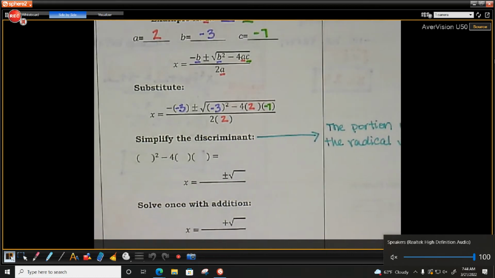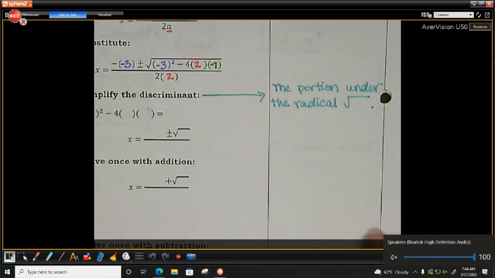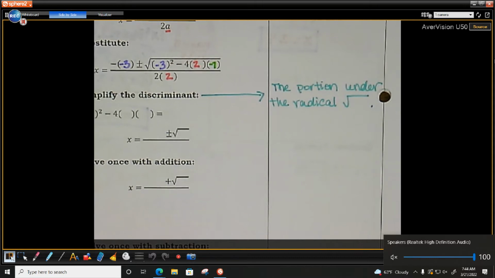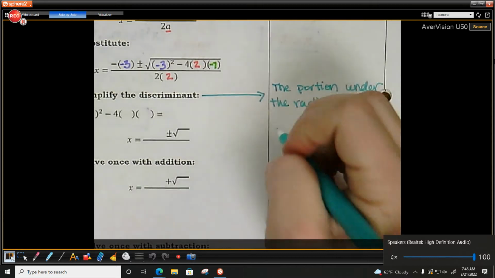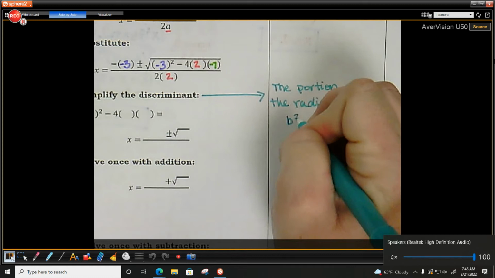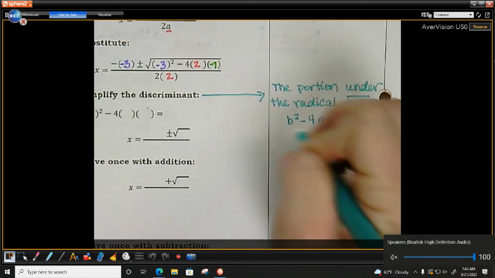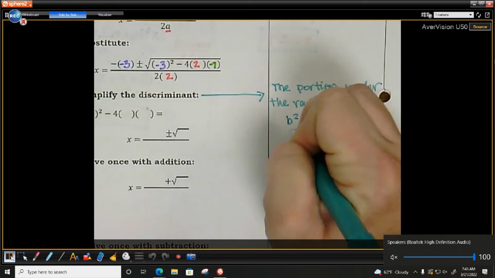Portion under the radical. So that's your b squared minus 4ac. That is your discriminant.